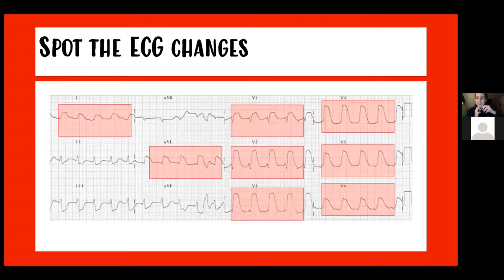So all of these are described as tombstones, and it basically is the patient is having an MI and they're very, very sick. They're very interesting ECGs to look at, but big sick if you see this, or if you hear of anyone describing tombstoning on an ECG, this is what they mean. It's this sort of curved shape, like graves in a graveyard.